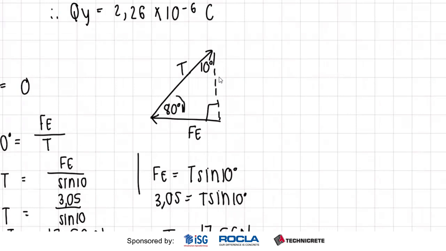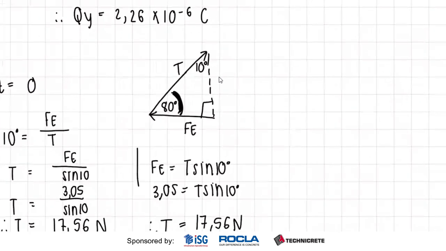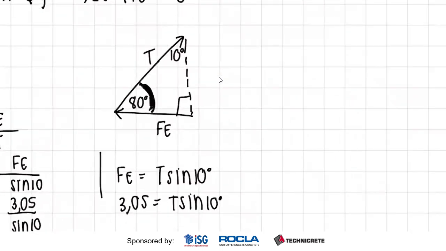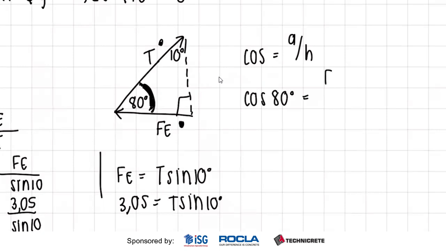Cos is adjacent over hypotenuse, so cos 80 degrees is adjacent over the hypotenuse.